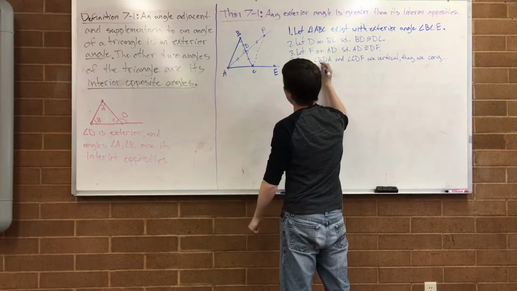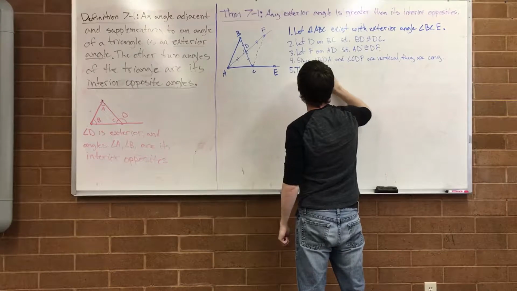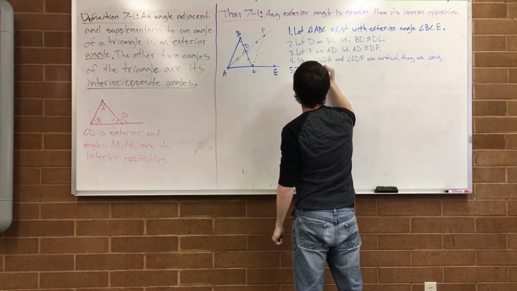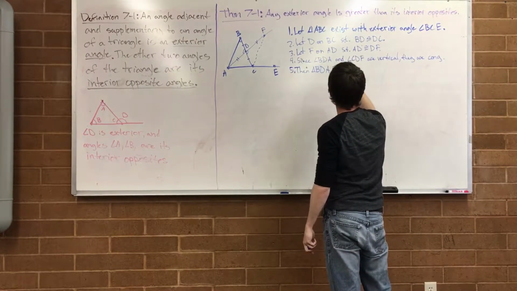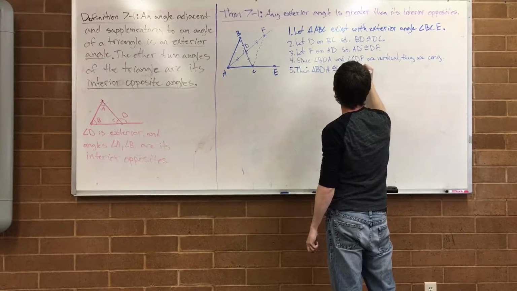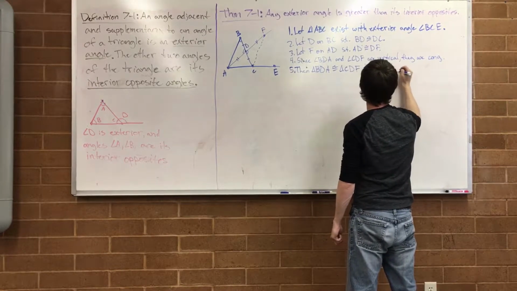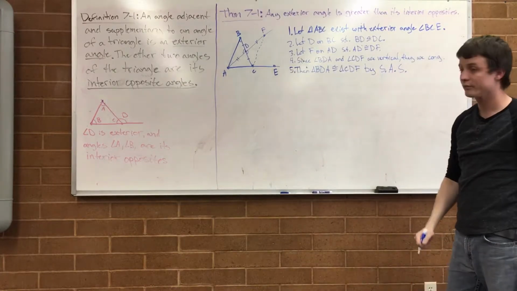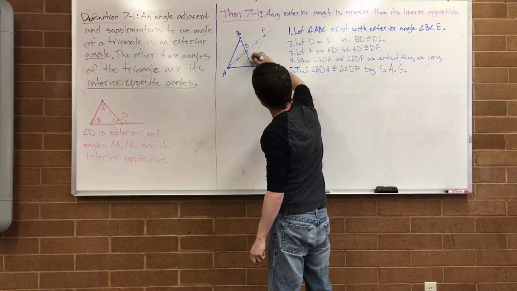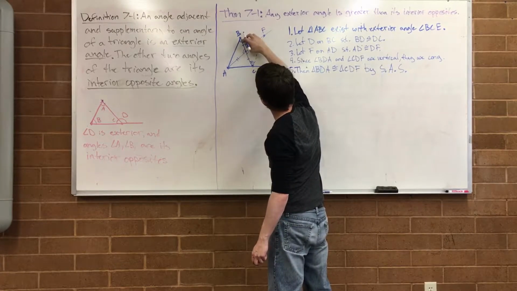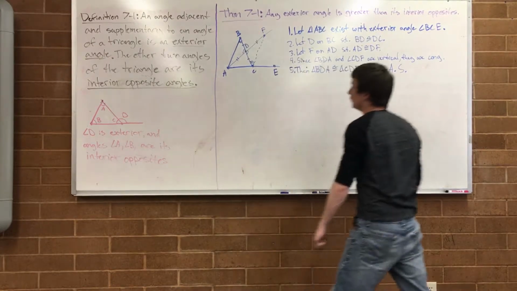Then triangle BDA, following how we named the angle, is congruent to triangle CDF by side, angle, side. So, if those two triangles are congruent, then this angle is congruent to this angle, right?